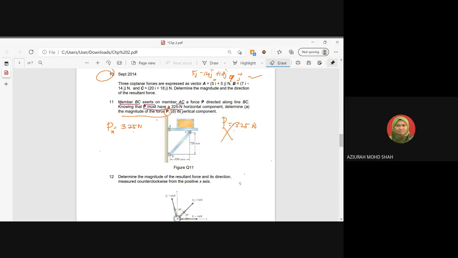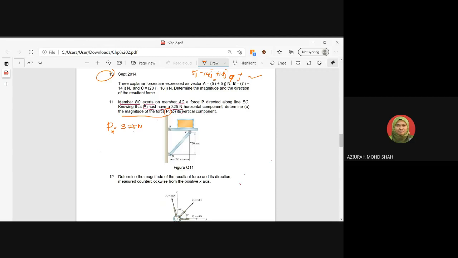So it's a trick question whether you really understand the statement. Normally kebanyakan kita tengok, oh simbol P, oh ini magnitude untuk resultant P ni. No, you have to read until the end of the question. Dia kata knowing that P must have a 325 Newton horizontal component. So obviously this will be the Px. So now you can have a clear information.